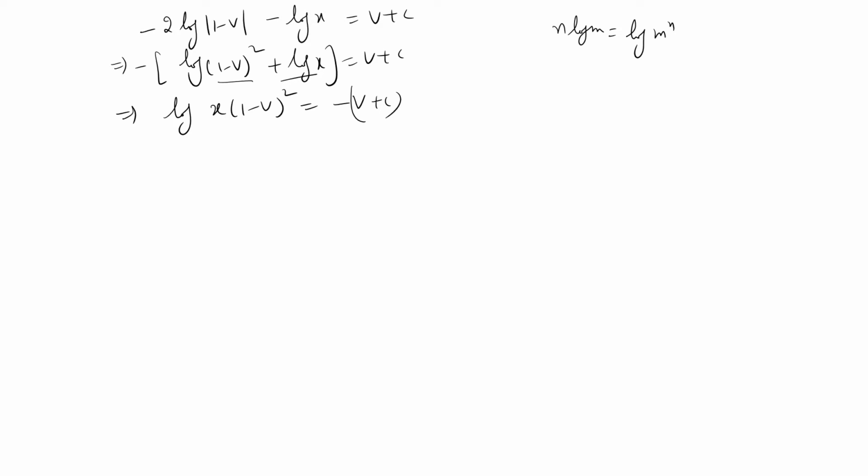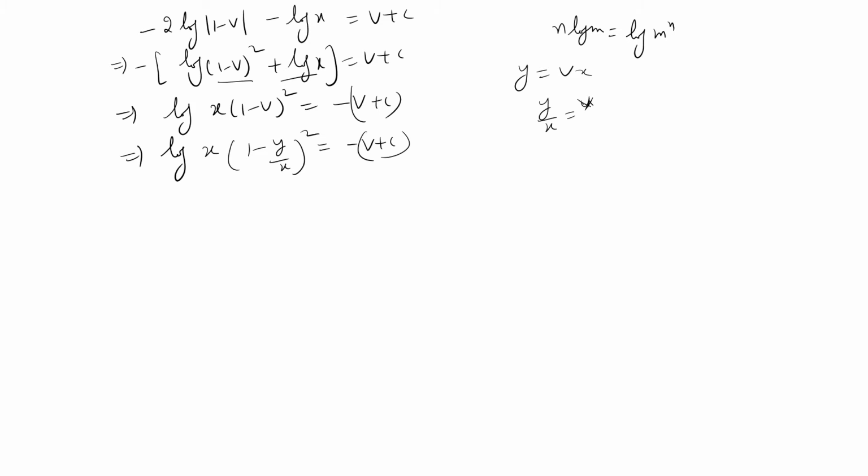Okay, so let us replace. y was vx, so let us replace here. We were having v by y upon x. So it will be x into (1 minus y upon x) whole square is equal to minus v plus c.